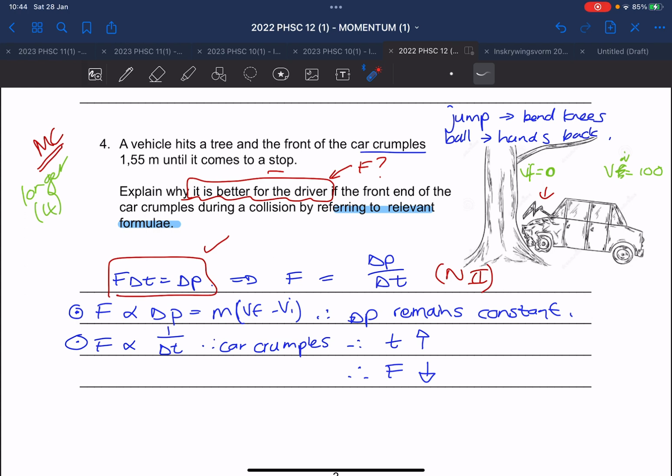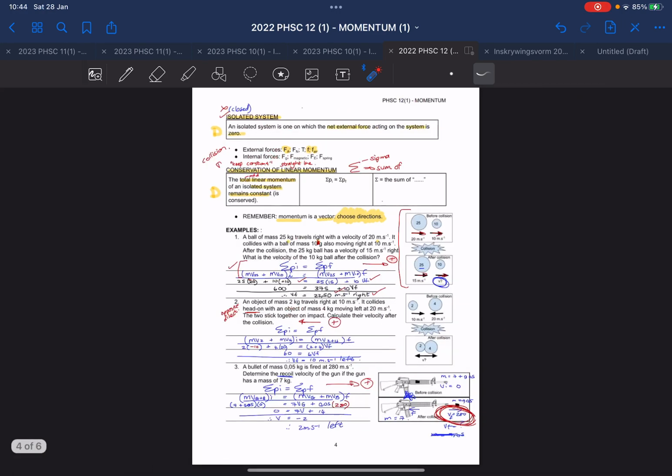I'm going to use this example again. If you just stop, then the time is very short. But if you bend your knees, it increases the time, but it makes the force less. So when a car crumbles, the time increases, and thus the force decreases. And that's why it's better if the front end of the car crumbles. Okay, good longer question, but we're going to practice that later again today.